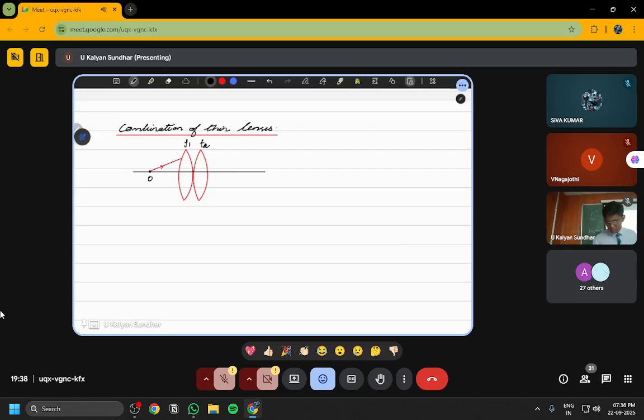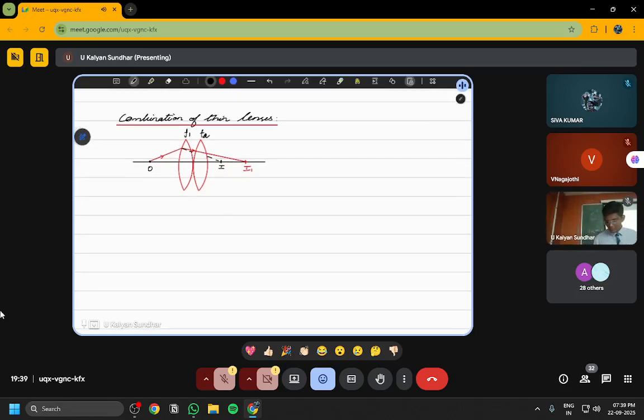A1, okay. So this is the image formed by the first lens. Now, the image will be acting as a virtual object for the second lens, and ultimately the image will try to fall somewhere here, which is your final image I.